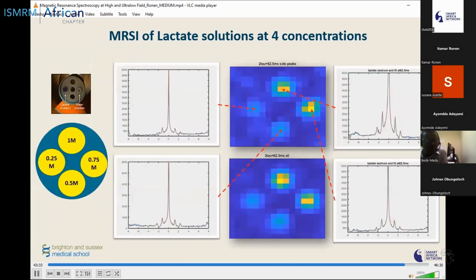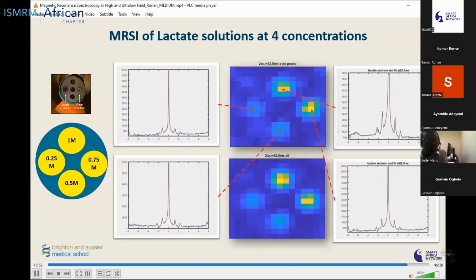We even went one step forward and created a phantom that has 4 containers with 4 different concentrations of lactate, and we're able to image that signal, so to take our spectroscopic measurement and to so-called spatially encode it.